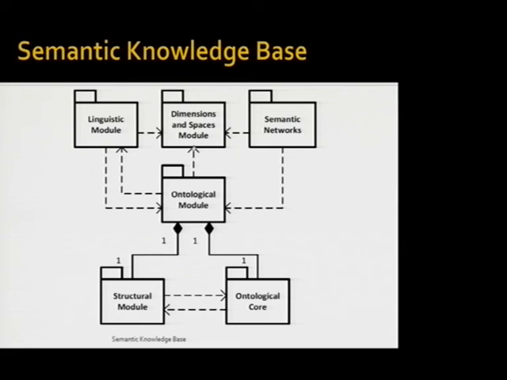The system is pretty simple. It has the ontological module in the center that consists of the ontological core, where we store concepts, and a structural module for coding how the concepts are connected with each other. Then we have the linguistic module, the interface module for the system. And the most important today, the semantic networks, which we use for the storage of facts and rules.